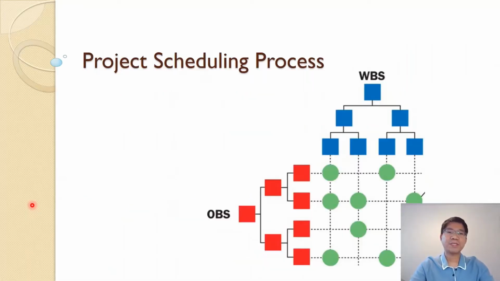Project scheduling process, and as you can see in the objective that we discussed, we talk about WBS, work breakdown structure, and OBS, organizational breakdown structure, and the interface between these, the responsibility assignment matrix.